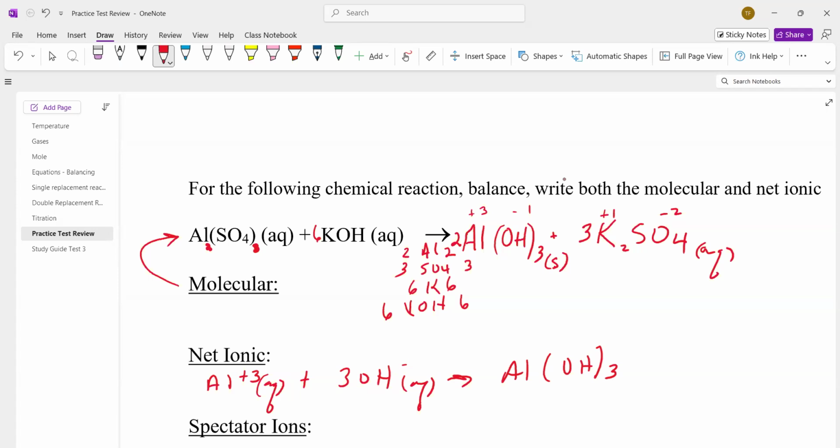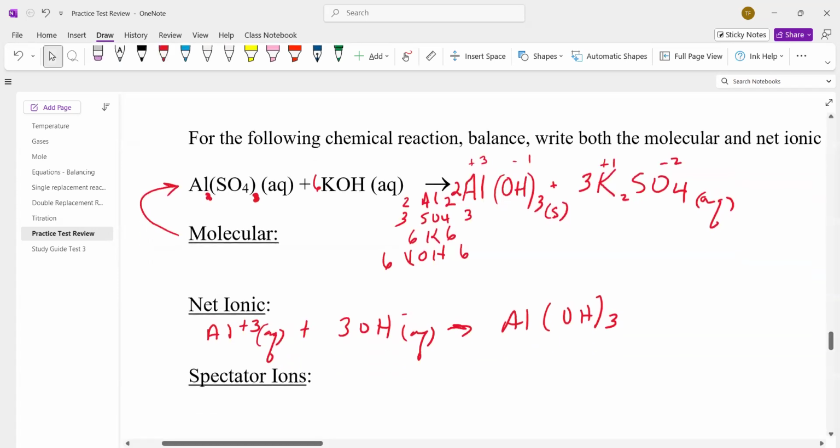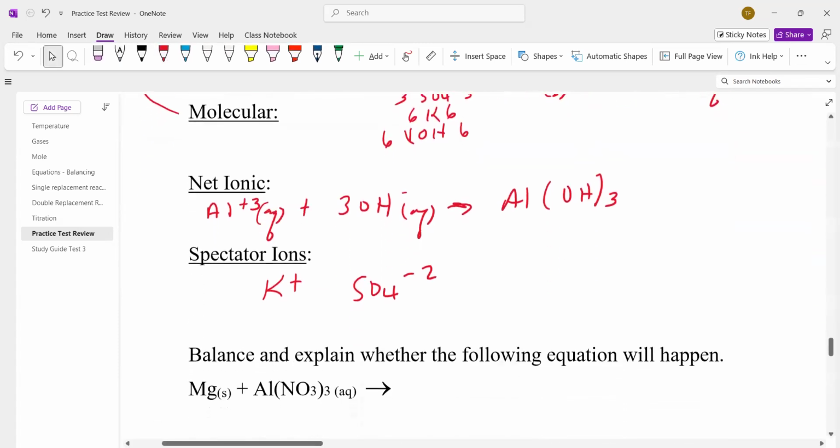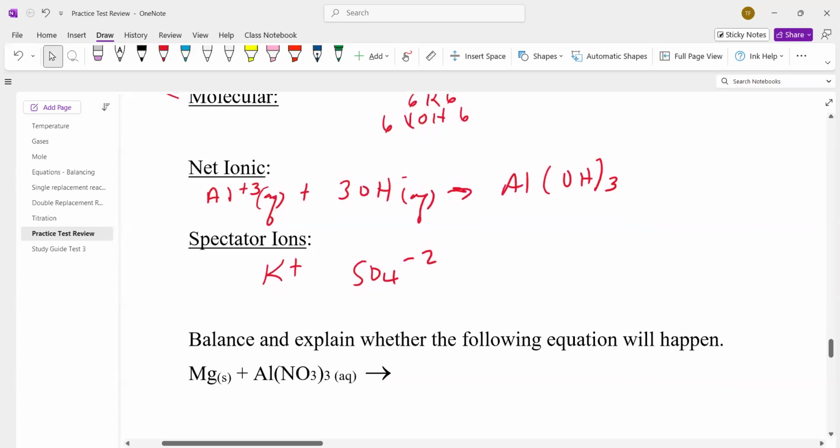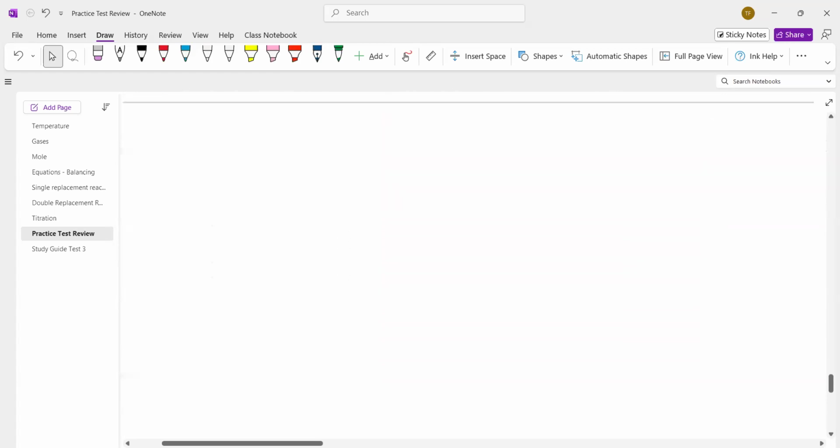Do we have any spectator ions? We have potassiums and sulfates. They do nothing. They go through unchanged. And then here's another single replacement reaction.